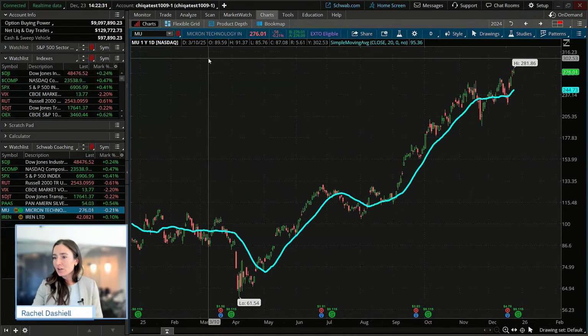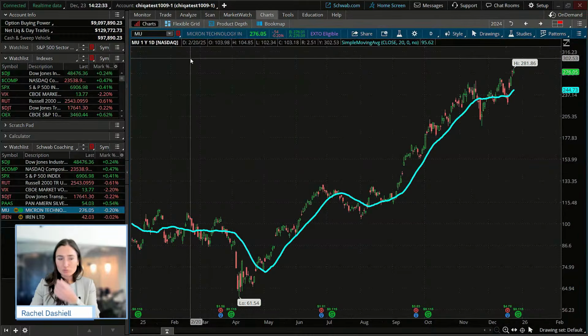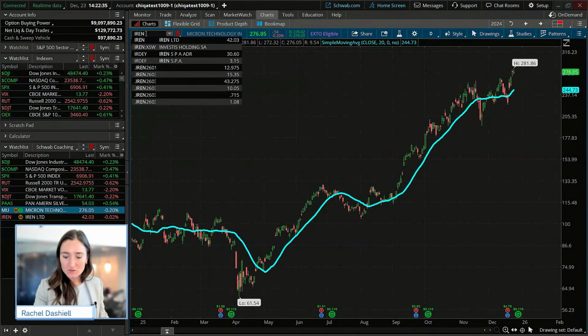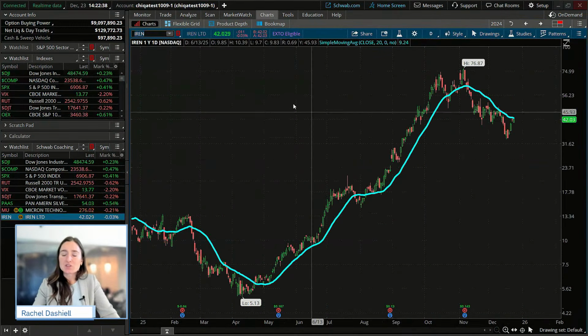But let's look at another example where we saw really from yearly lows to highs where we can draw a potential retracement here.